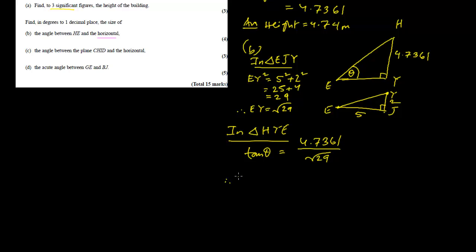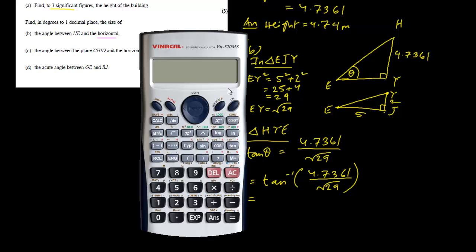So therefore theta equals tan inverse of 4.7361 divided by square root of 29.